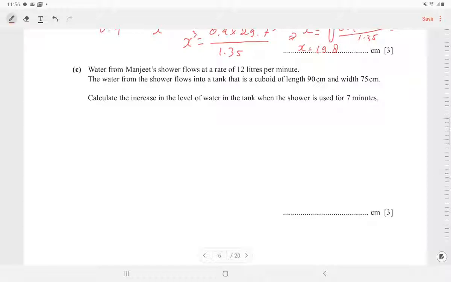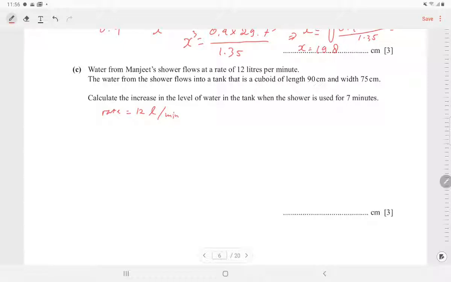Next, water from Manjit's shower flows at the rate of 12 liters per minute. So the rate is 12 liters per minute.